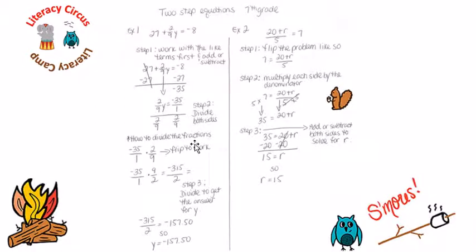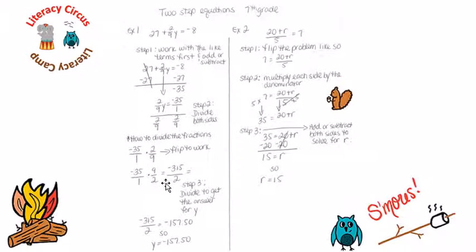It says how to divide fractions: you want to flip it to work it. So -35 over 1 divided by 2/9 would be flipped as -35 over 1 times 9 over 2.